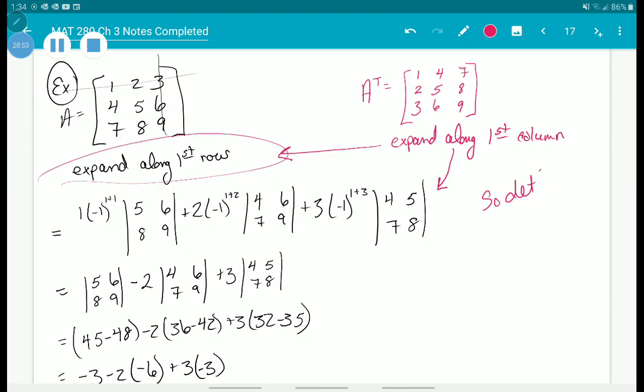Because I can choose to expand along that first column, which would be the same as expanding along the first row in the original, I'm still going to get the same thing. I'm still going to get 0. So that's kind of cool.